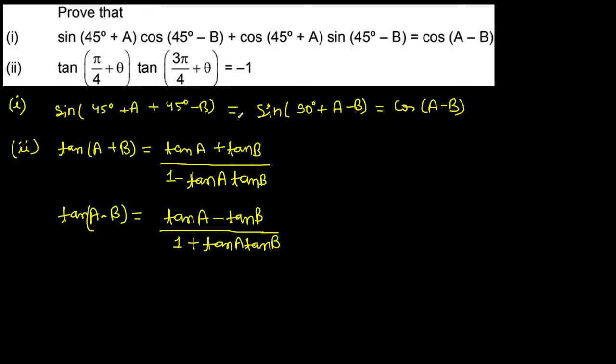If tan A tan B is minus 1, can we say that tan (A minus B) will tend to infinity? And tan (A minus B) is infinity when A minus B is pi by 2.